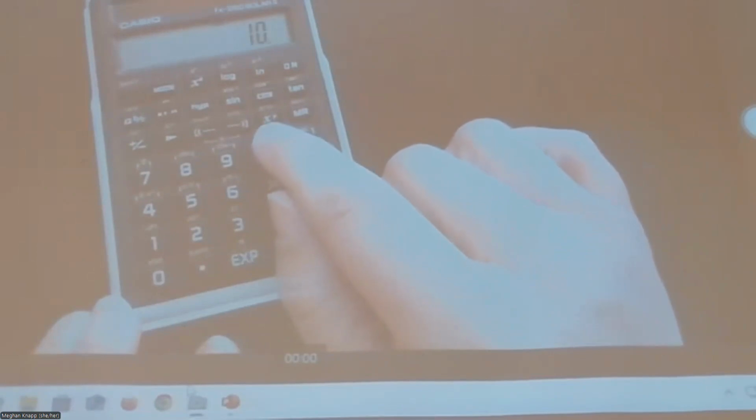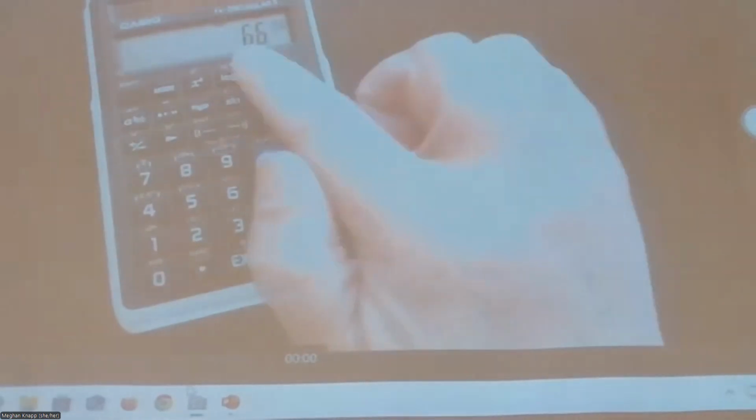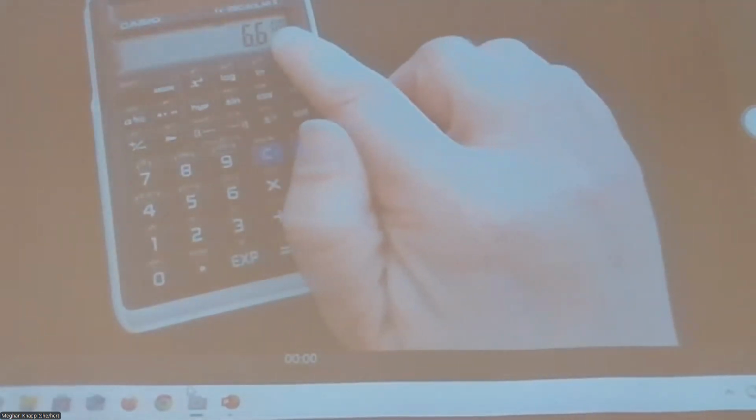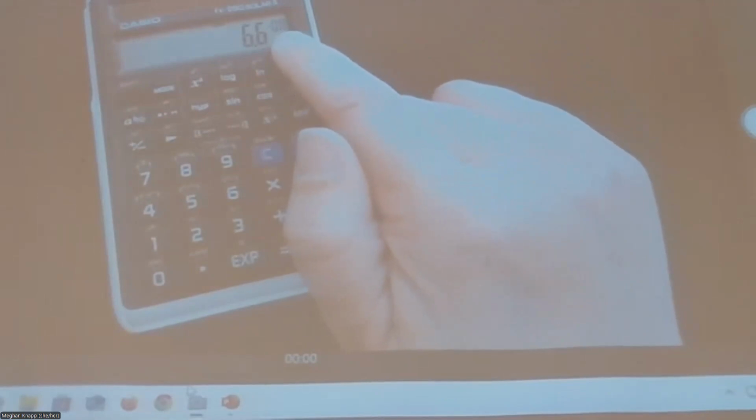The 6.6 times 10 on this calculator, it says XY. That's how you do an exponent. You're going to put in the 8 first and then the minus. If you do the minus first, it's going to say to the minus 10 instead of minus 8. And then hit enter. So you should see the first part here and the exponent on the 10 up here.